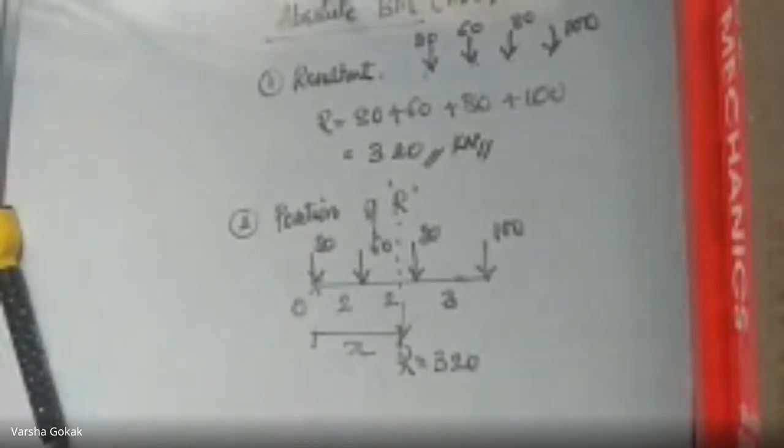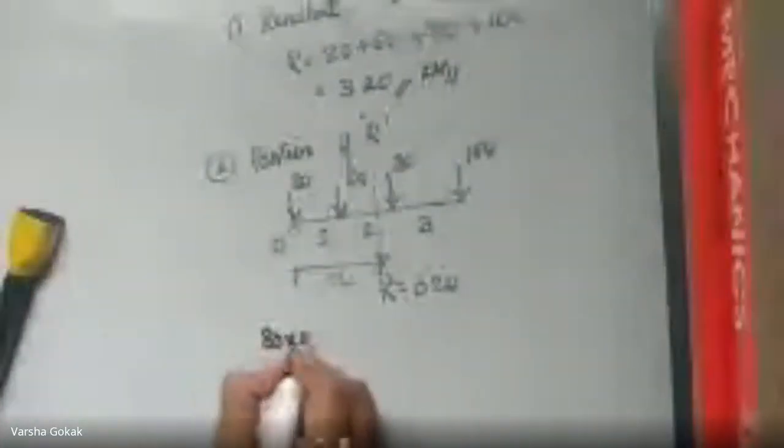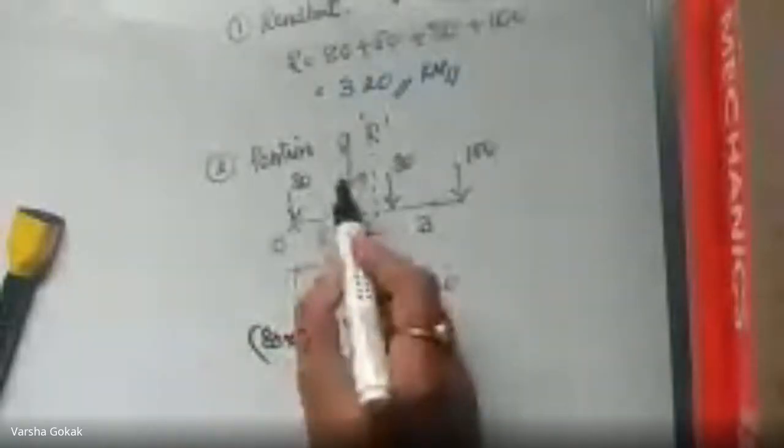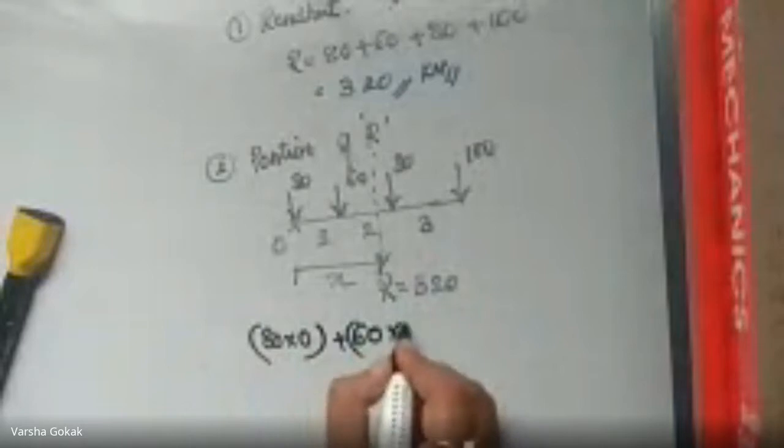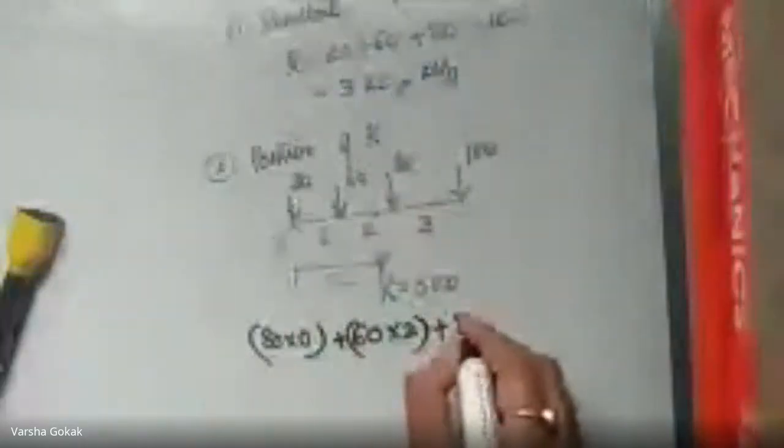Okay. So next I have to take the moment of all the forces. So when I take the moment, it is going to be 80 into 0, 80 into 0, correct? 60 into 2 plus 80 into 4 plus 100 into 7.